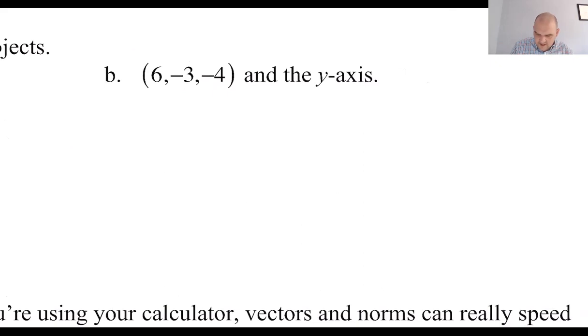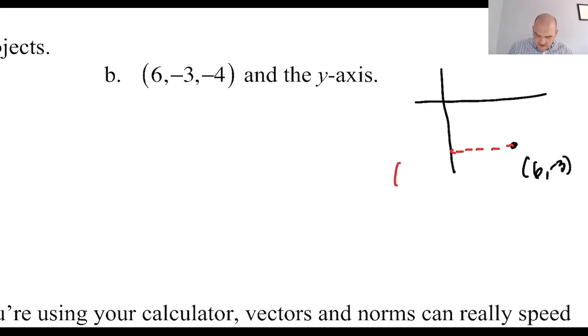Say we wanted the distance from the point 6, -3 to the y-axis, right? The distance is always the shortest distance, which means go straight across. The point on the y-axis that is closest to this is 0, -3. And then we would do the problem, right?